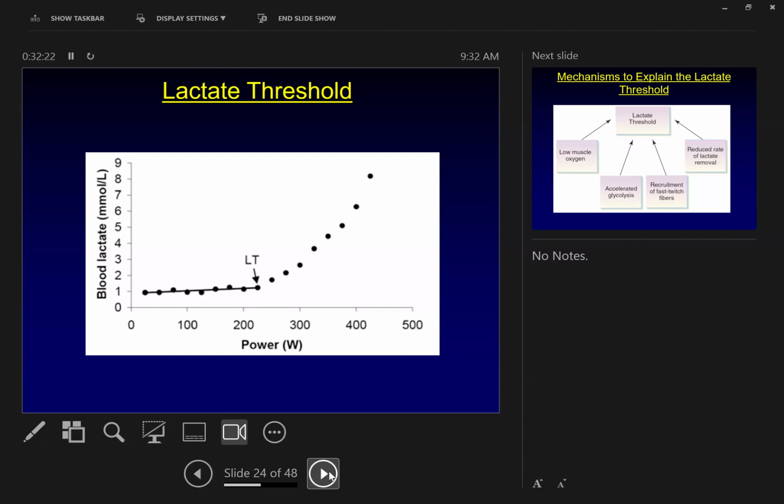Your body is able to handle all of the pyruvate being made at the end of glycolysis, and most of it can still go into the Krebs cycle. So lactate levels aren't going up very much. You then get to a place where it begins to increase above baseline level. If you continue, it goes up exponentially after that.